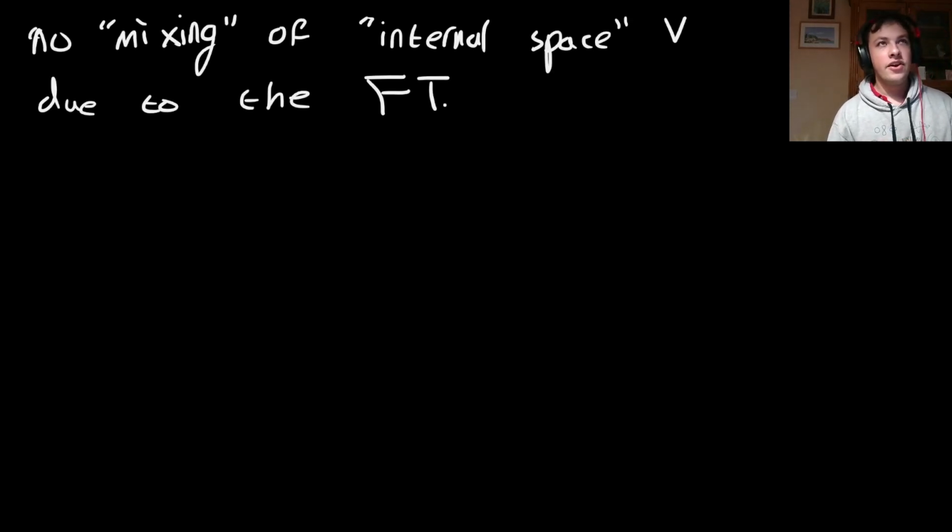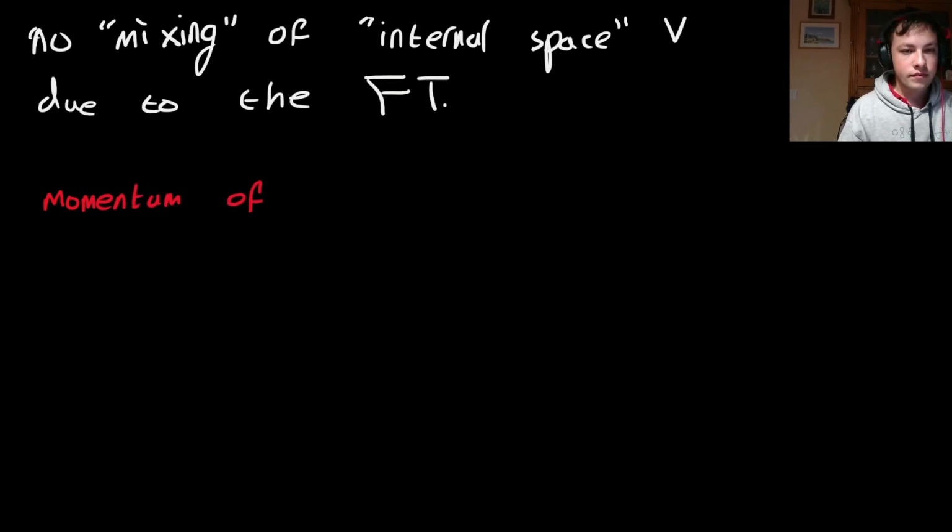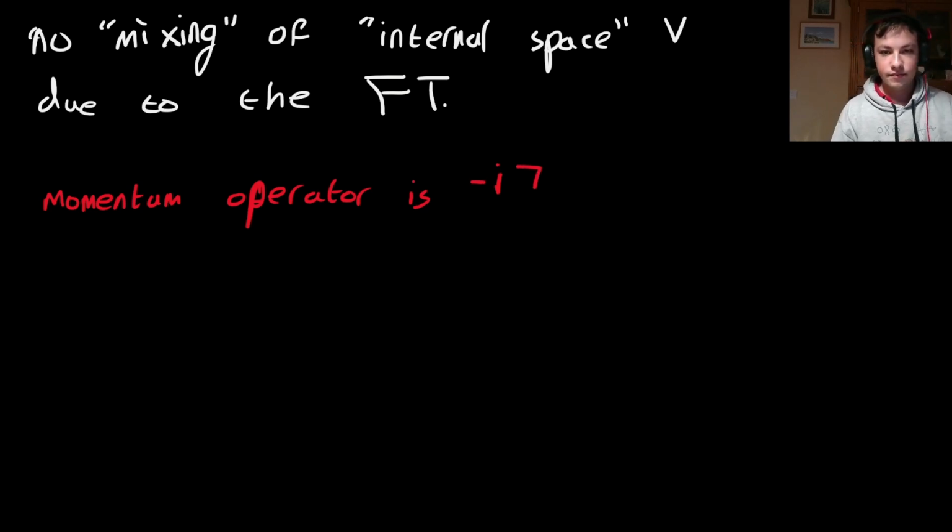I think the only really important thing is that we should check really quickly why this is important. But what's good about the Fourier transform? Why do we care? Well, when we look at quantum mechanics, we have, for example, the momentum operator, which is minus i times the gradient.